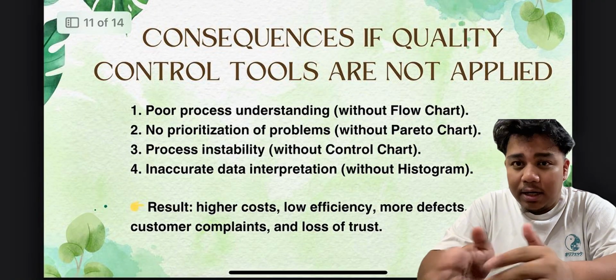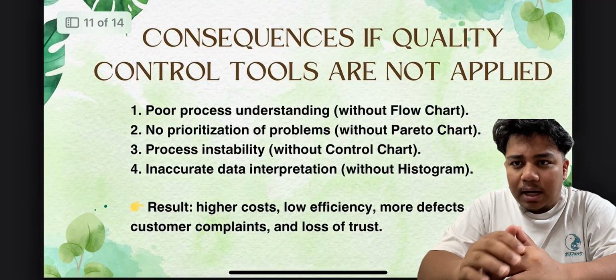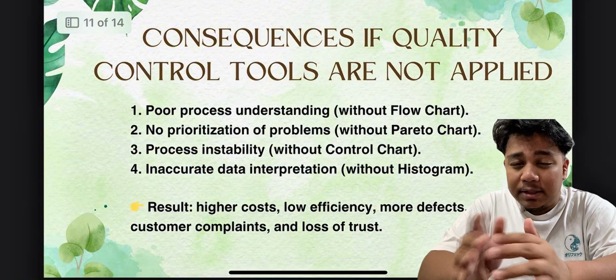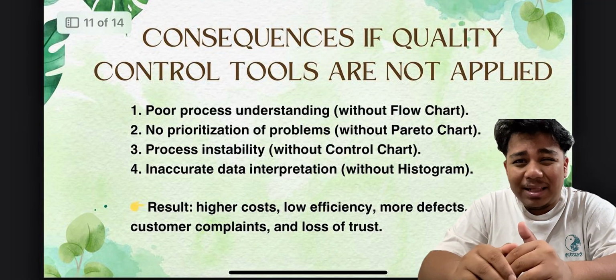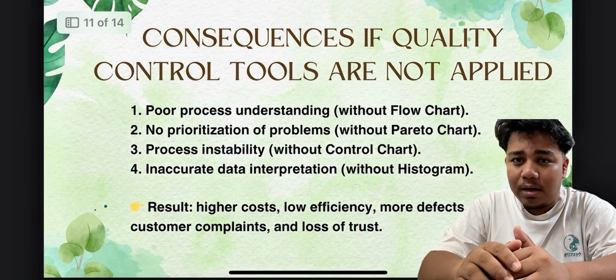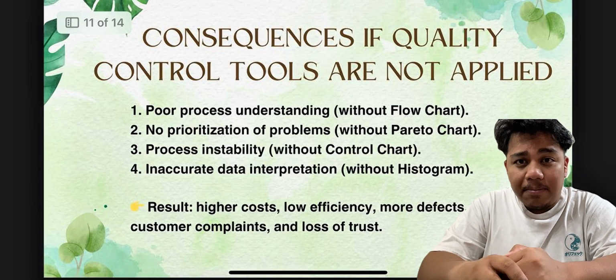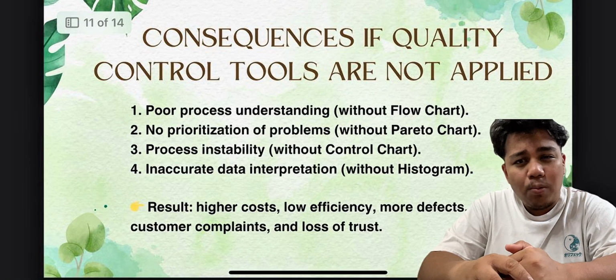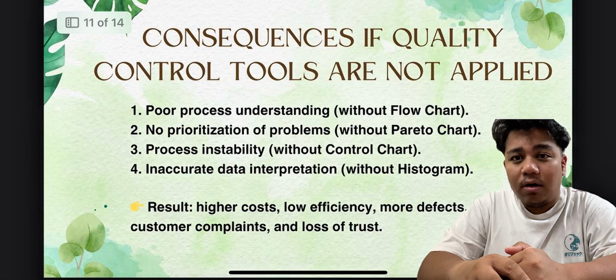Without a control chart, the process becomes unstable, and without a histogram, we might interpret data inaccurately. As a result, the company may face higher costs, lower efficiency, more product defects, customer complaints, and even loss of trust.